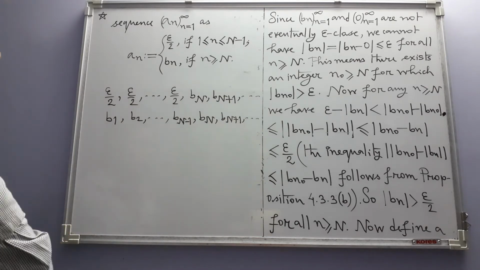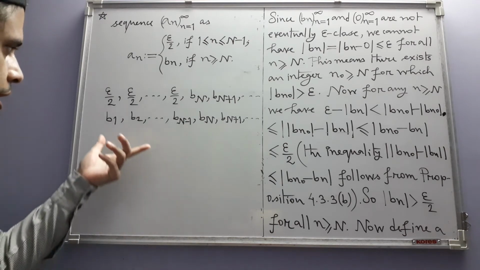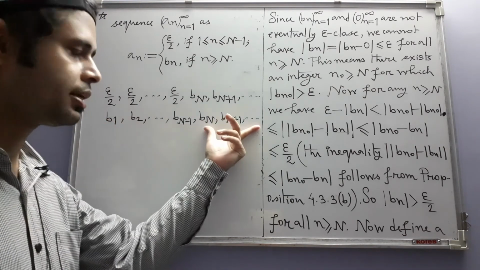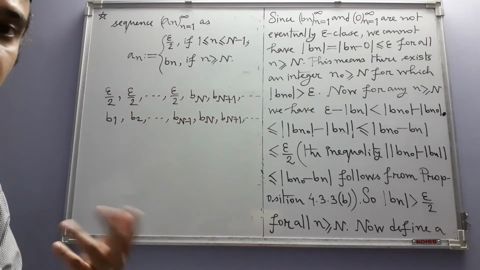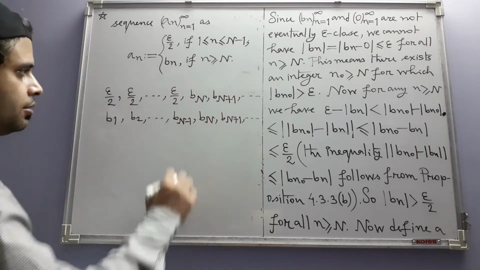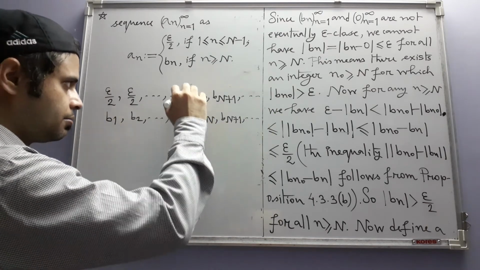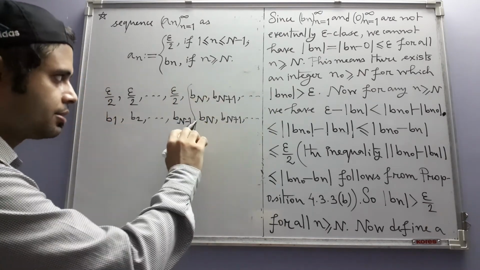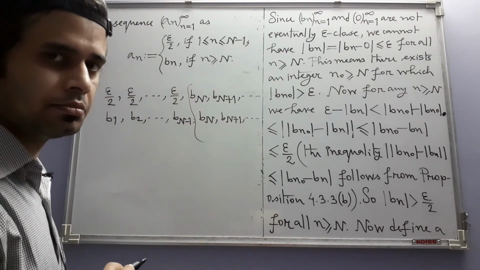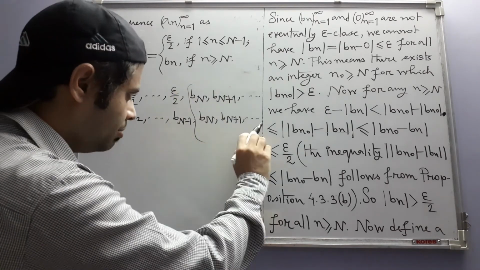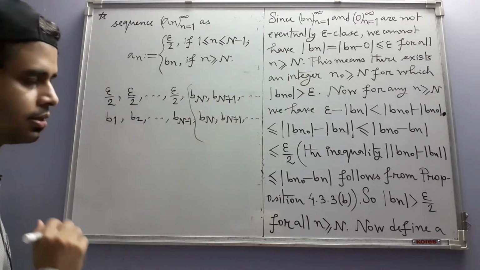So do you see one thing from these two sequences? Since bn is a Cauchy sequence, this sequence an is also a Cauchy sequence. Why? Because an and bn are, starting from this stage, exactly the same. So since bn is a Cauchy sequence, an also must be a Cauchy sequence.